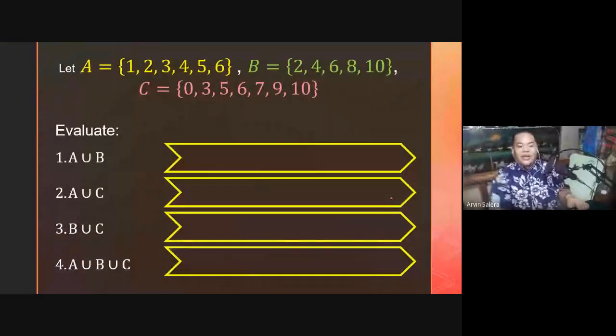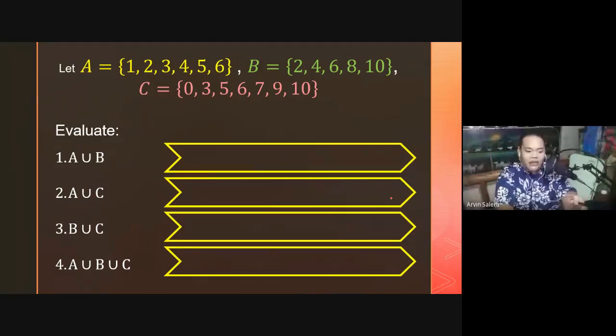Okay. So simply combine them and then do not write repeated numbers. Example, A is 1, 2, 3, 4, 5, 6. B is 2, 4, 6, 8, 10. C is 0, 3, 5, 6, 7, 8, 9, 10. A union B, i-combine nato si A ug si B. Isuwat nato siya sa set formation, unya i-arrange sa numerical order, aron dili ta maglibog.